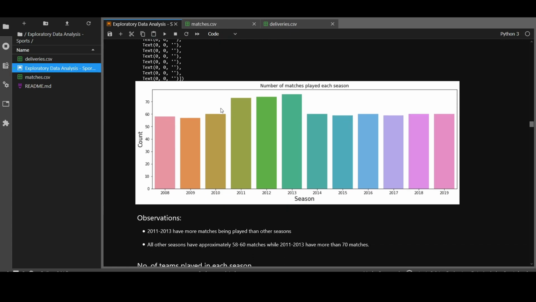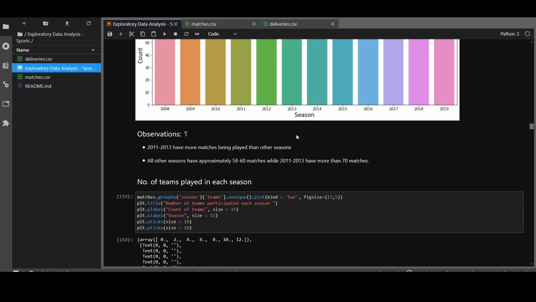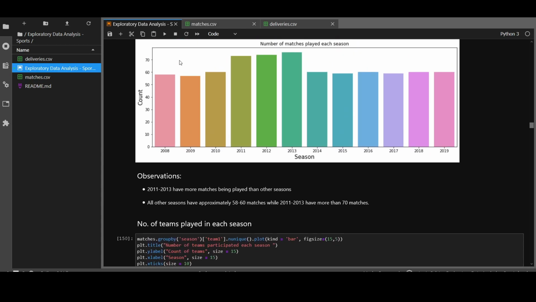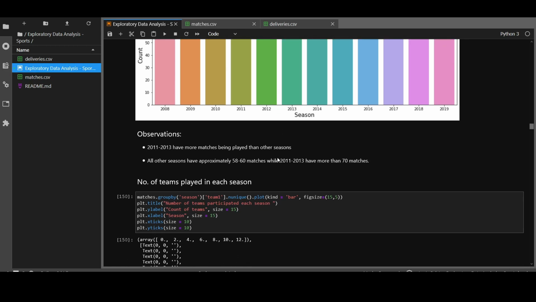This is the number of matches played per season. In 2013 there are the most matches, above 70.